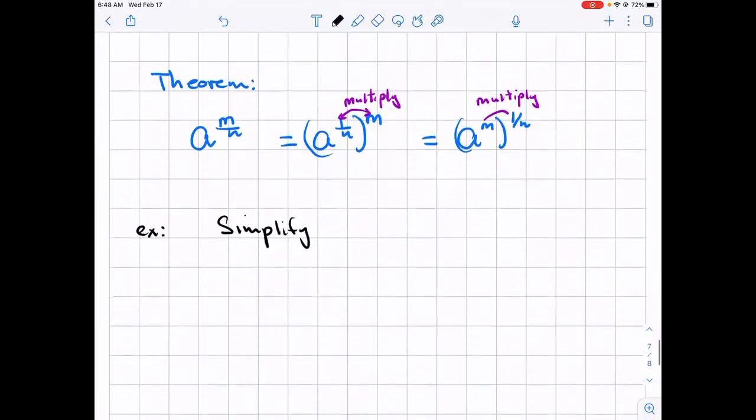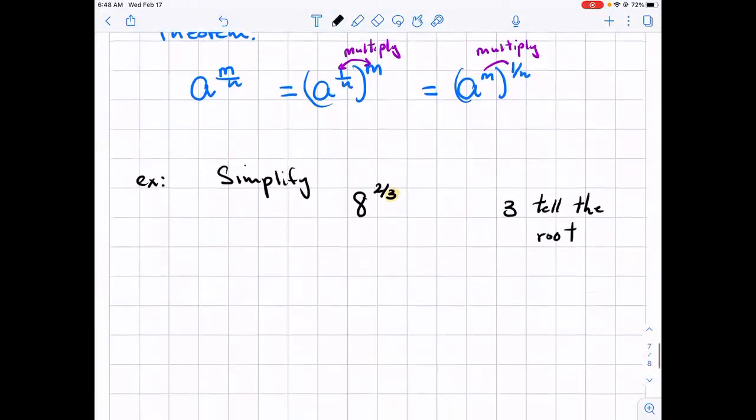If I ask you to simplify, what is 8 raised to the 2/3 power? Okay. Well, remember that the denominator tells the root. The 3 tells the root.